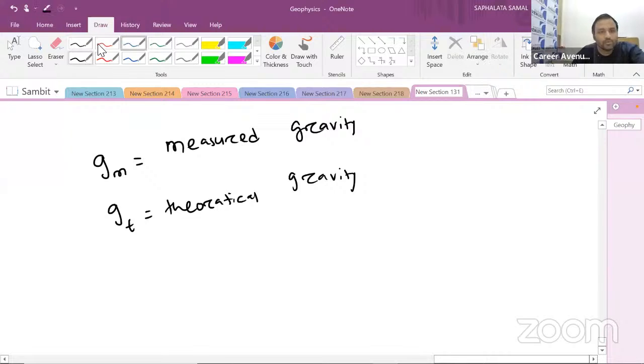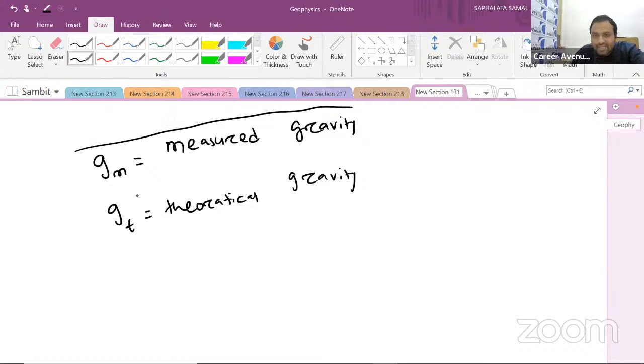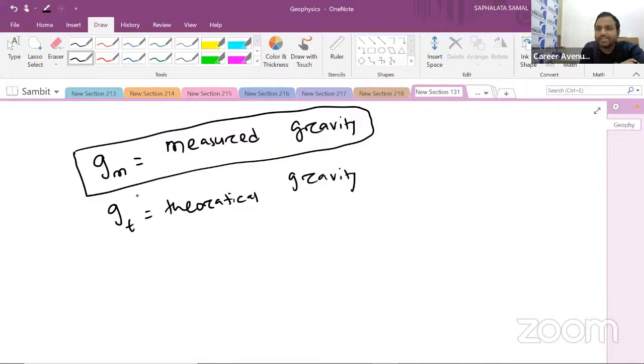Now, before comparing them, whatever I have measured is not the proper measured value. It is with some error. I have to remove these errors. So first, I will apply some correction terms to the measured gravity value. Then I will compare it with the theoretical gravity value.